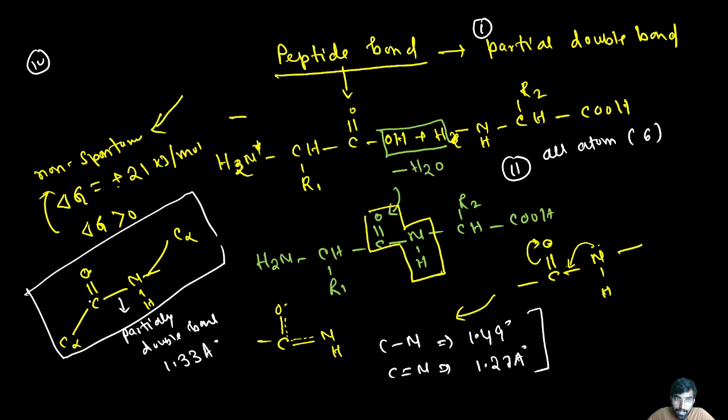Basically six atoms: C alpha, CO, NH, C alpha. So 1, 2, 3, 4, 5, 6 atoms are in the same plane. That's really important. So it is partially double bond, and all these six atoms are in the same plane.